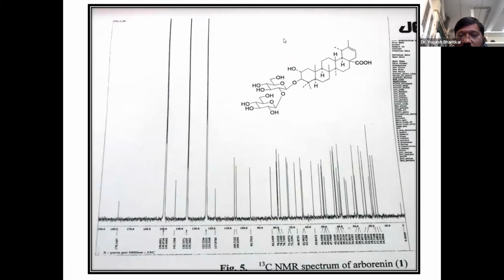This is the 13C spectrum for this type of molecule, a saponin type of molecule. Here we get 42 signals.